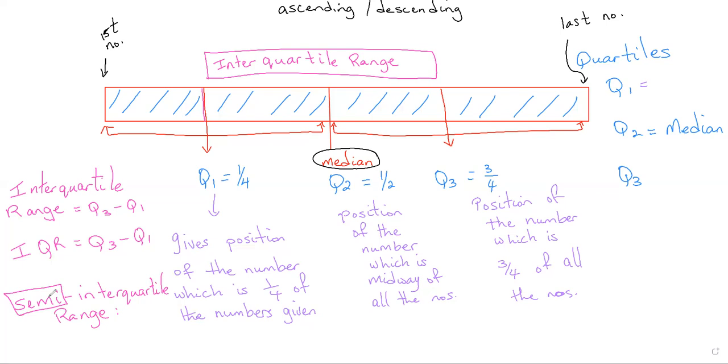So like semi, I'll say semicircle. If I say semicircle, that's half of the circle. So the semi-interquartile range is actually half of my interquartile range. And remember, my interquartile range is Q3 minus Q1. So I can find half of whatever was my Q3 minus my Q1.